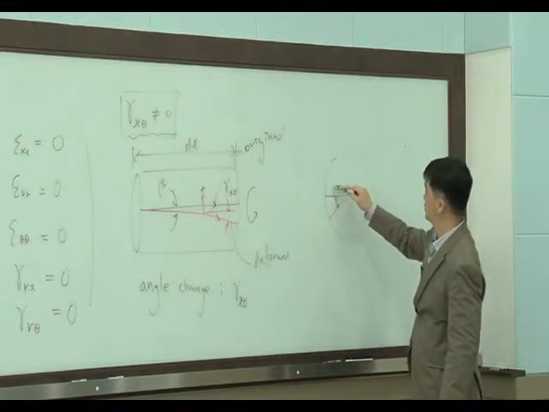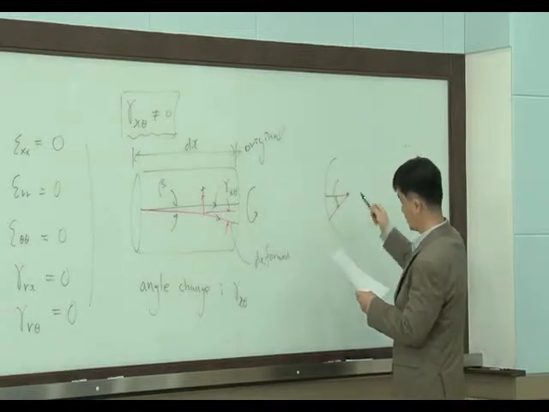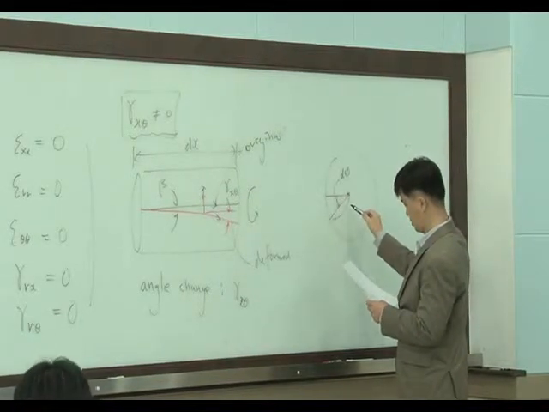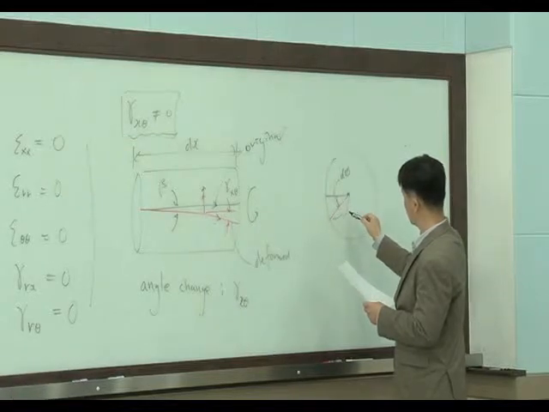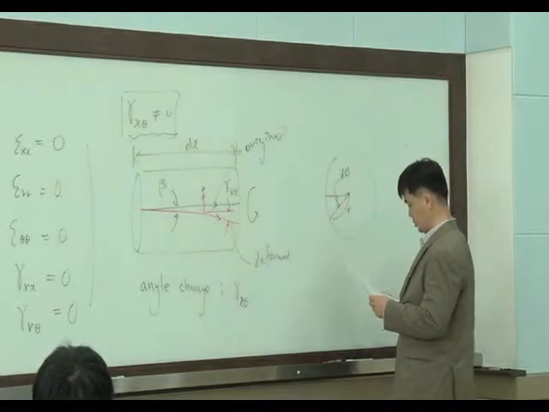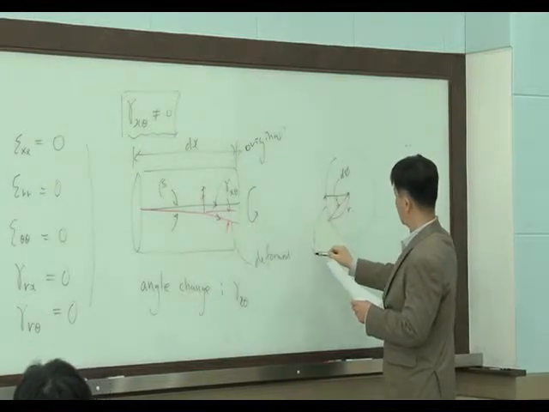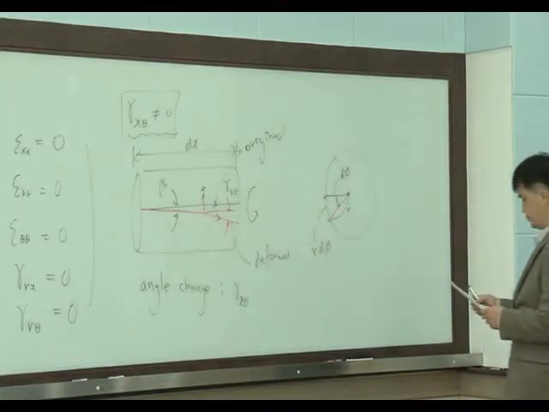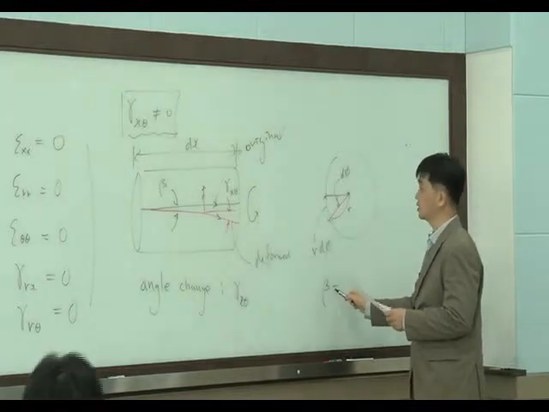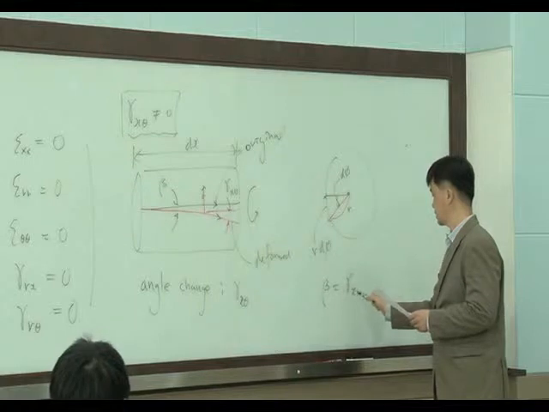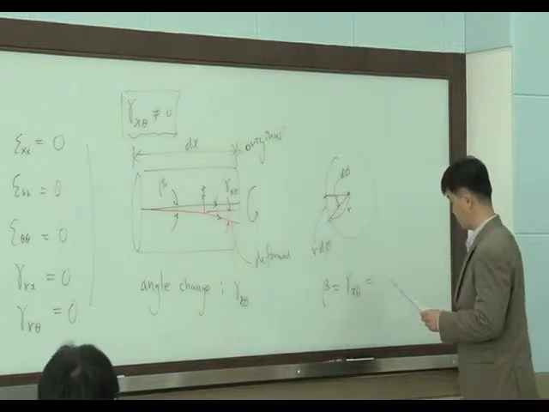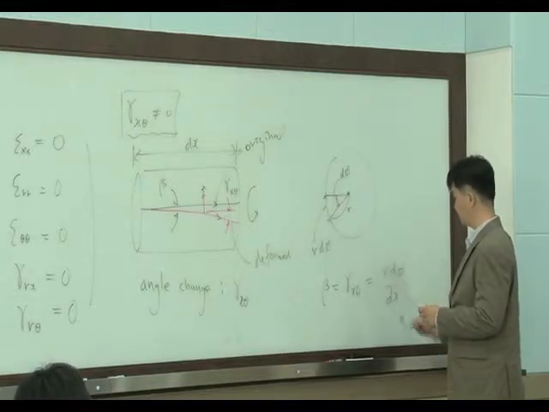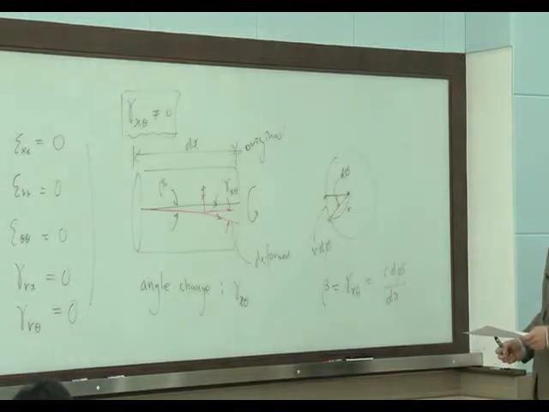This is d phi, this is r, and this is r d phi. Then the rotation angle gamma x theta equals r d phi over dx, right?